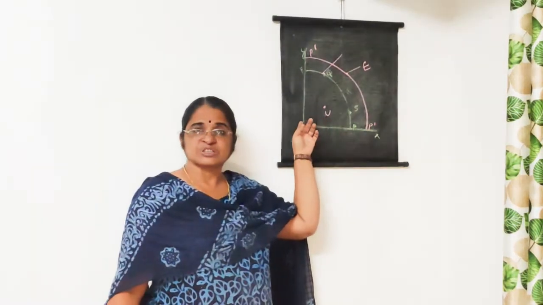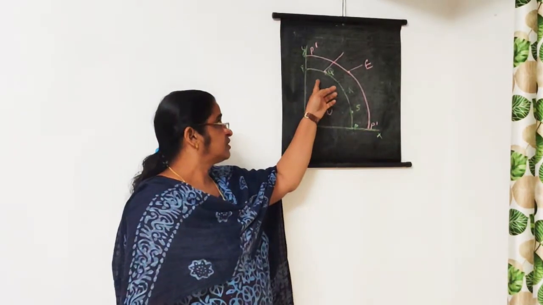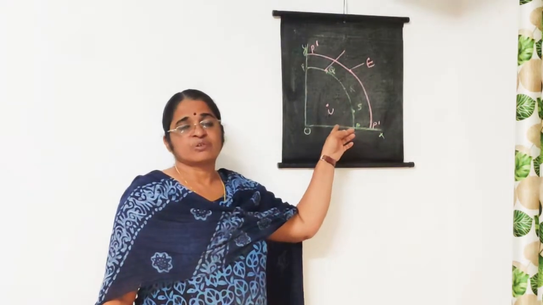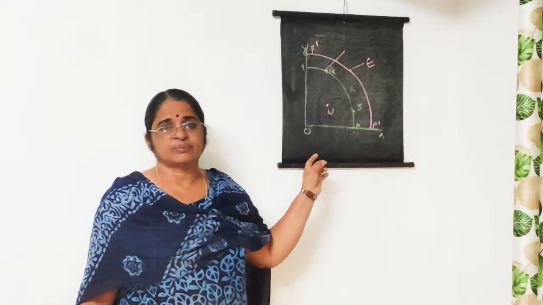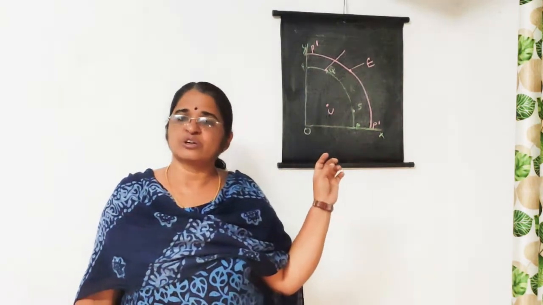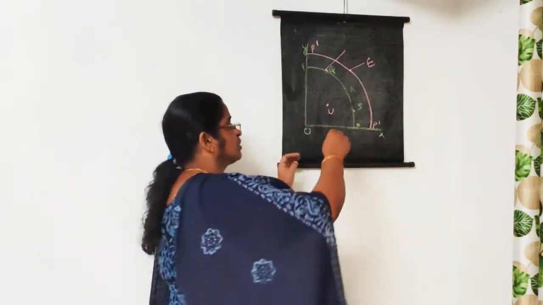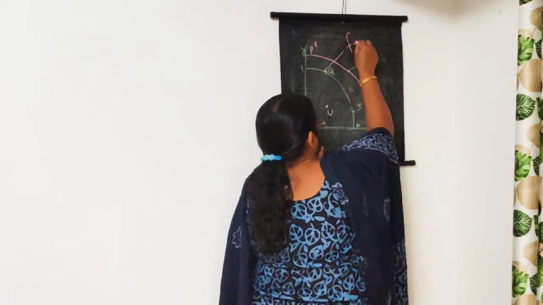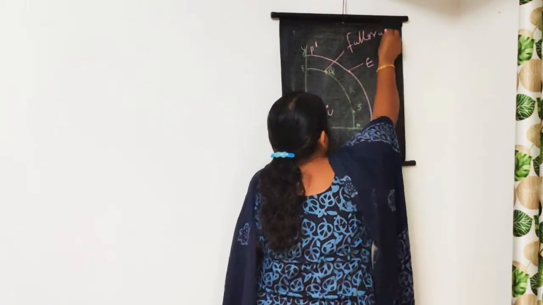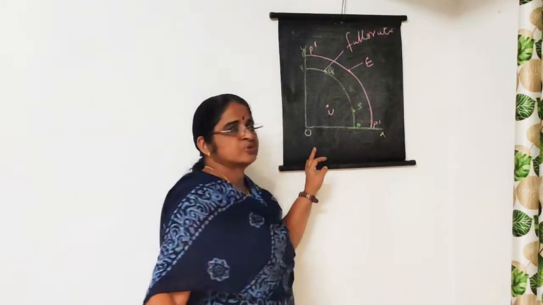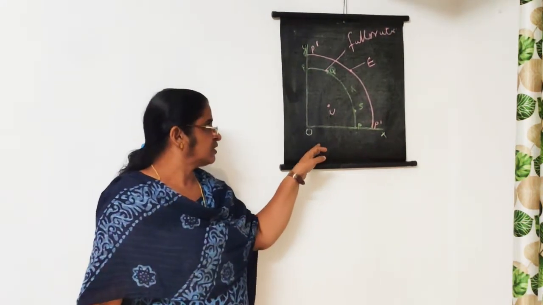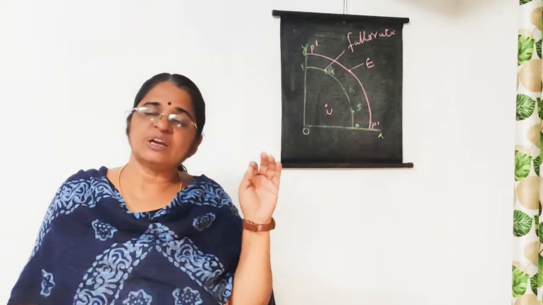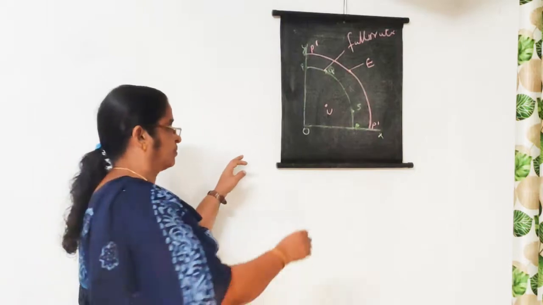When the production is undertaken on these points, we use our resources fully, maximum utilization of resources. So, the point Q shows fuller utilization of resources.